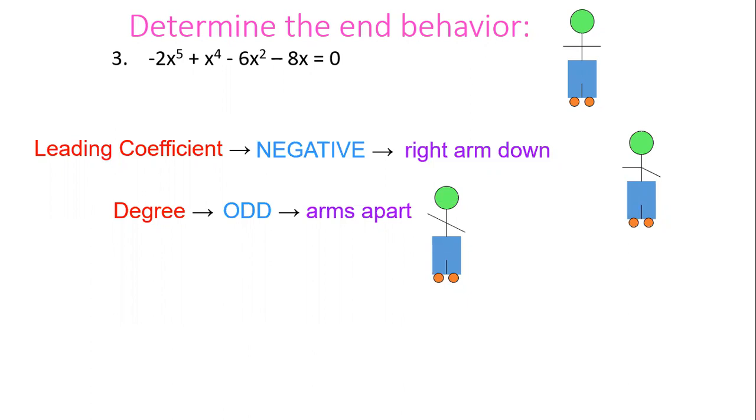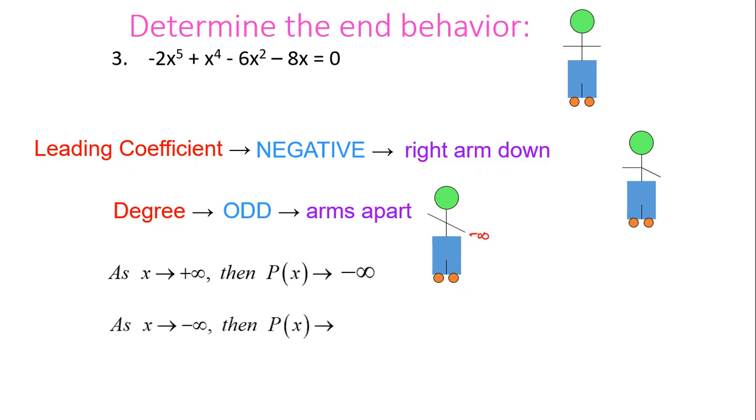Now our answer that you should have written. Let's see how we did. As x goes to positive infinity, then p of x is doing what? It's going to negative infinity, because this hand is pointing down. And then what is my left hand doing? It's heading towards positive infinity. Good job, guys.